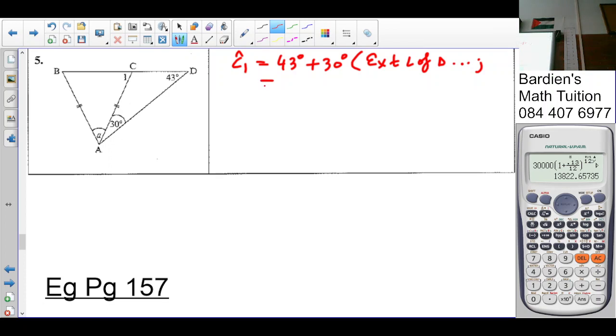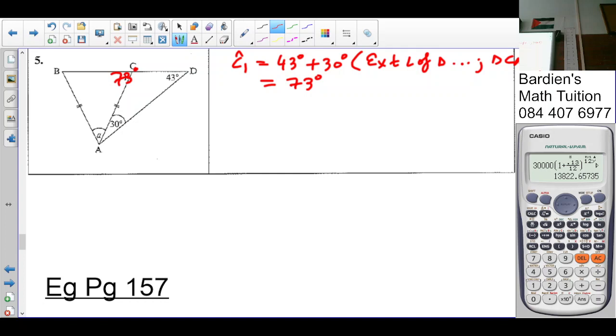So C1 works out to be, oh yeah, this triangle, CAD. So it's going to give you 73 degrees. Now what can we conclude now? That angle B is also 73 degrees.